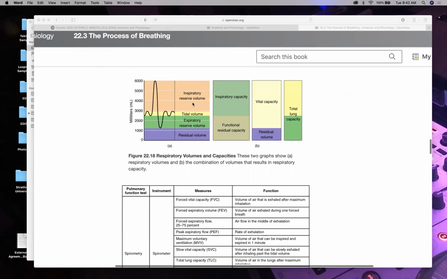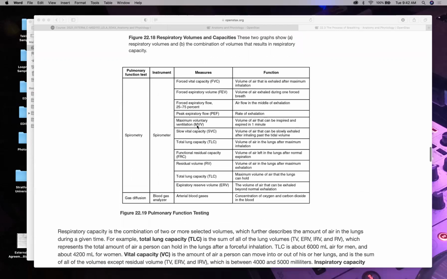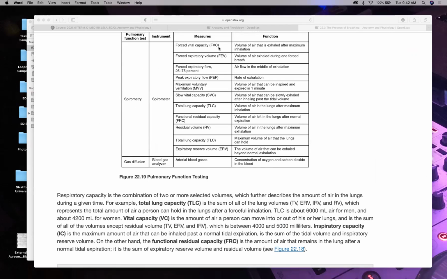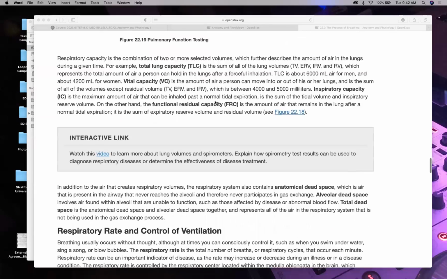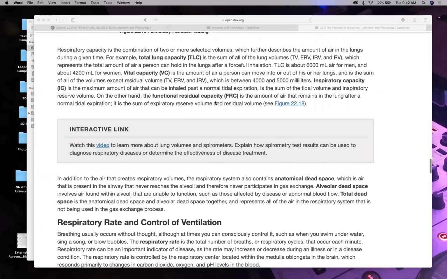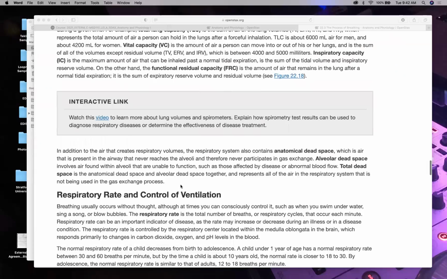That's my inspiratory reserve volume. And then whatever's left is your residual volume. And they all have these abbreviations. So keep it simple for my exam, but for future reference, it's really in your best interest to start looking at this chart and this chart and start memorizing it.